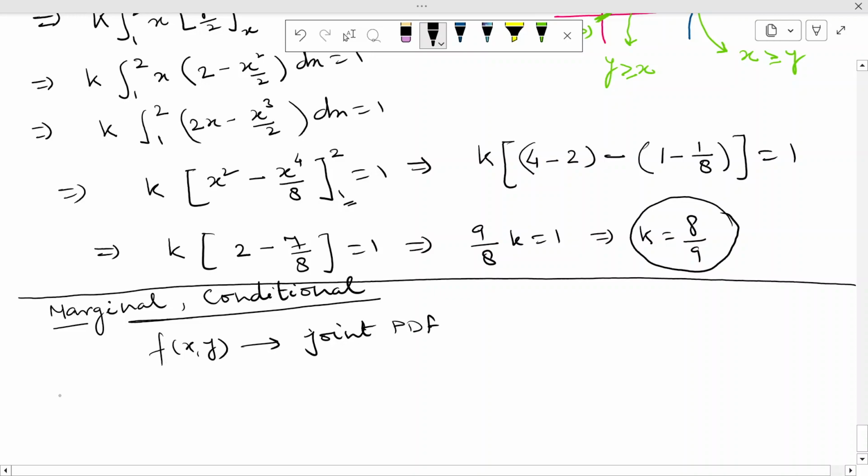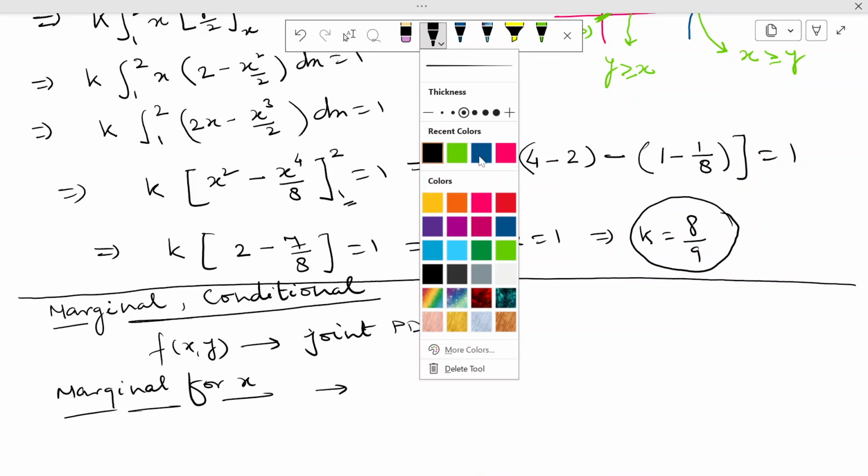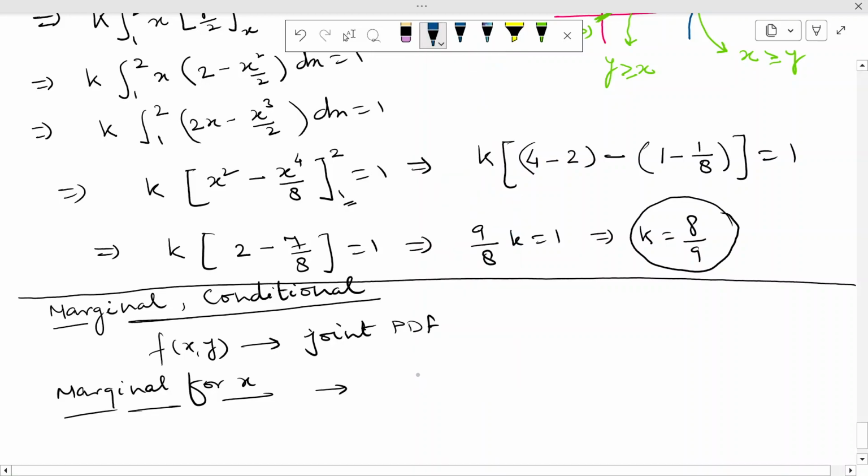Now in order to get the marginal for x, we will integrate our joint PDF f(x,y).